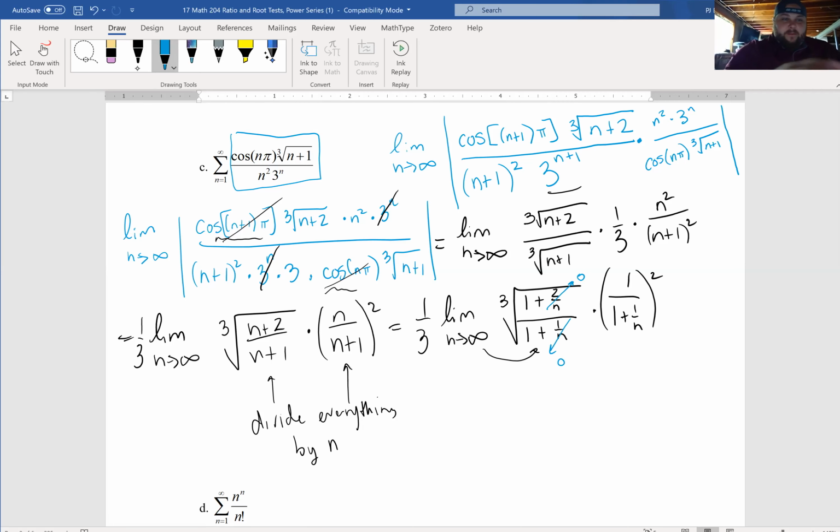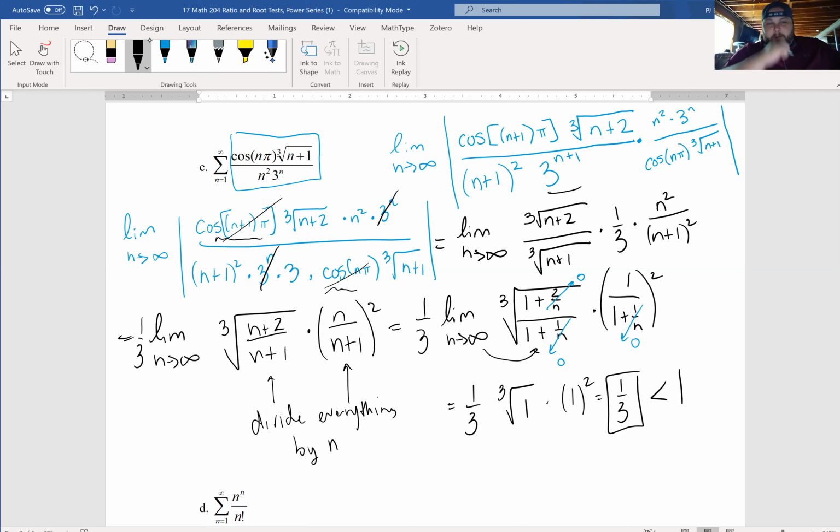That would leave you with the cubed root of 1. And this piece over here, if I do the 1 over n, it'll go to 0. And you'll be left with 1 squared. So this whole thing just comes out to 1/3.